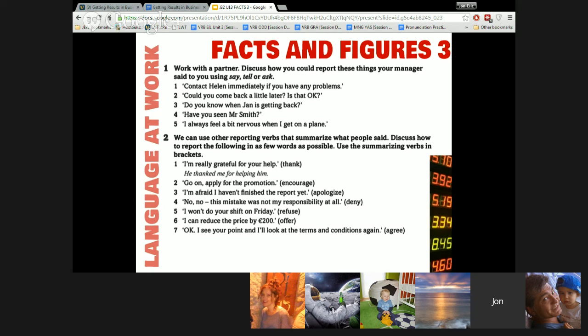Helen said that if we have any problem, we will contact her immediately. We will? We will contact her immediately. But that's a real future, so you can't talk about it that way. Ah, we would contact Helen immediately. We would? It's better, but are we talking about something that is probable or something that is a suggestion?